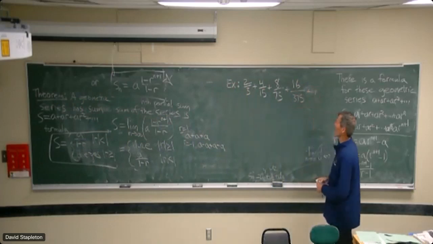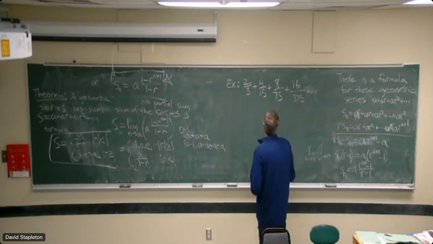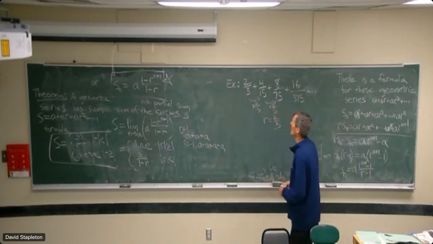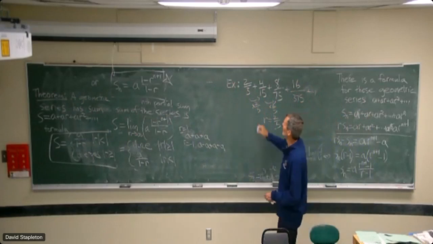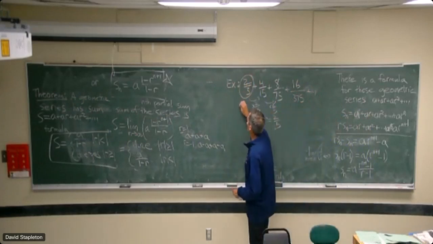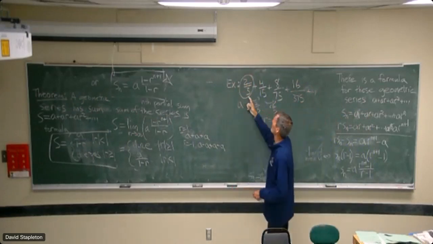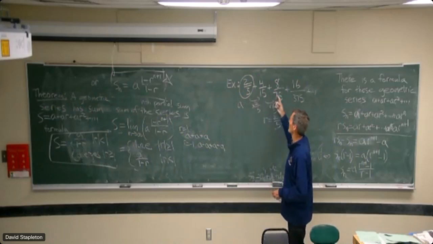Is that a geometric series? Yes, it is, because I'm multiplying each term by 2/5, right? So R equals 2/5, that's the multiplier. And then what's A? It's going to be 2/3. A is always the first term. So in a geometric series, you recognize it by seeing each term as just the same multiple of its predecessor, 2/5, 2/5, 2/5. That's how I know it's geometric.